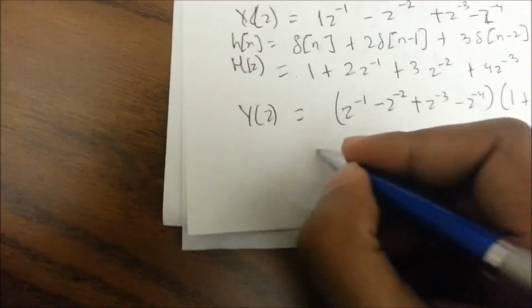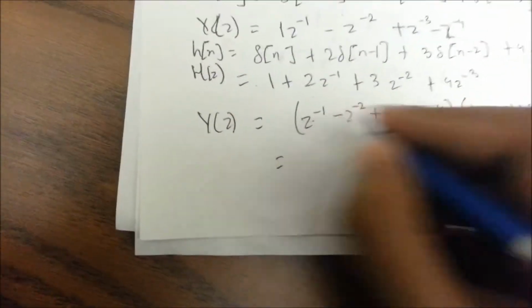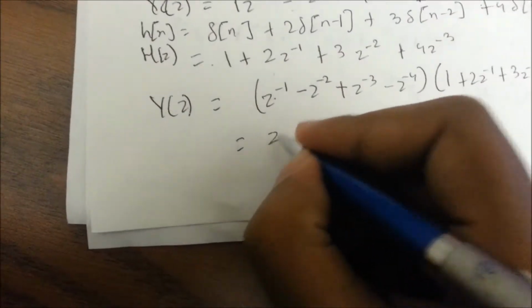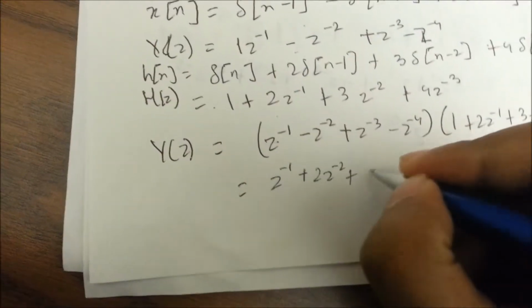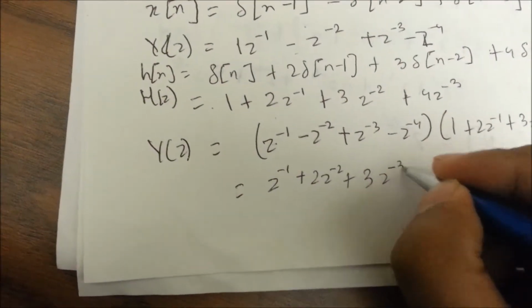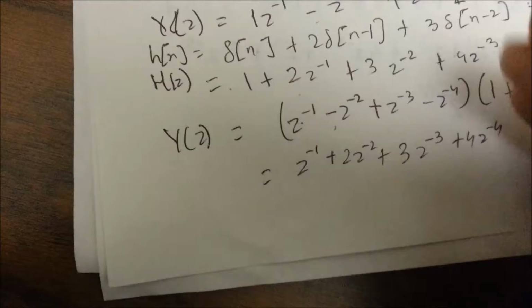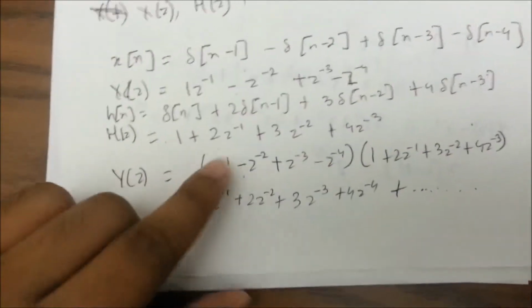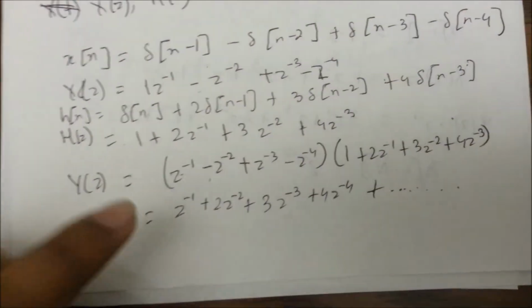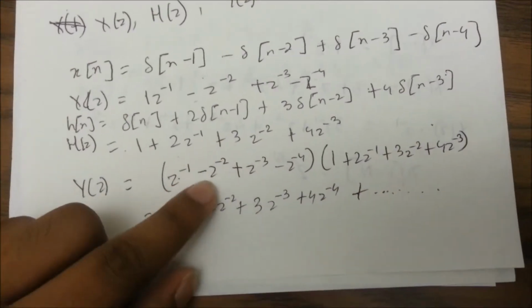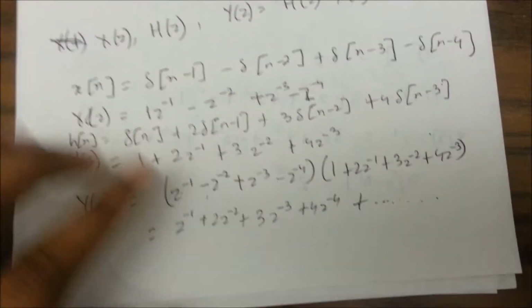You take z to the minus 1 multiplied by everything, so you'll get z to the minus 1 plus 2z to the minus 2 plus 3z to the minus 3 plus 4z to the minus 4. Then you multiply the next term by everything, and so on, and finally add them all together.